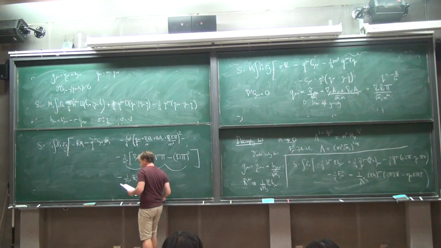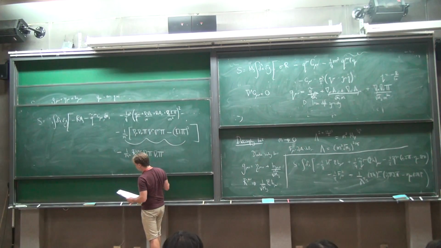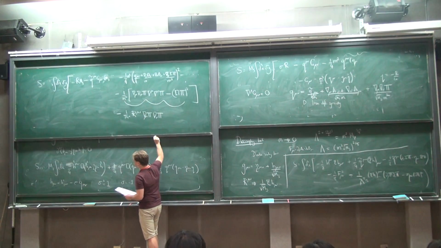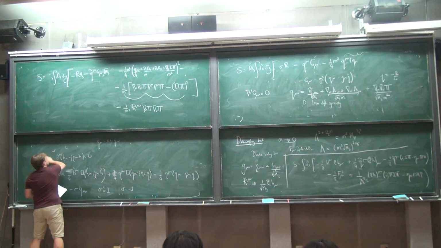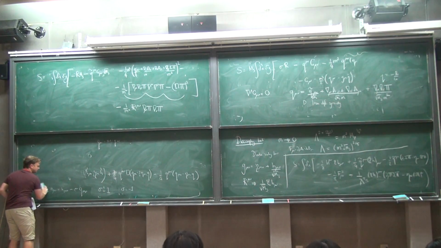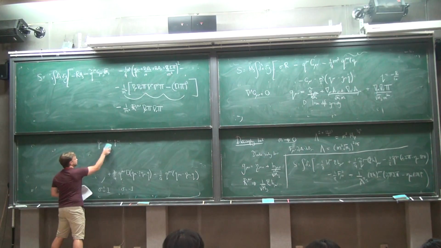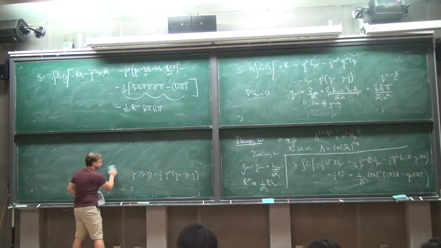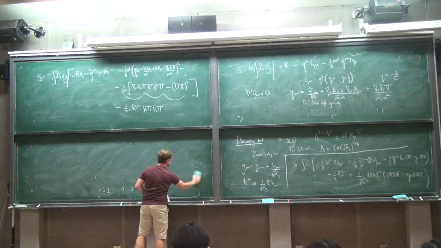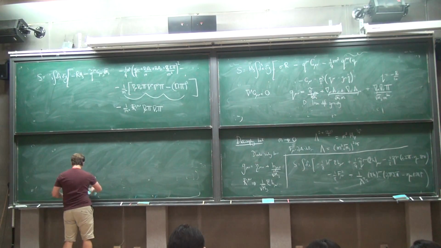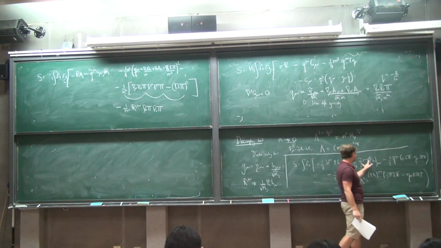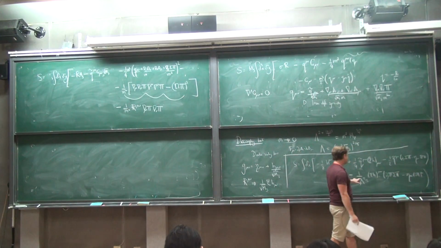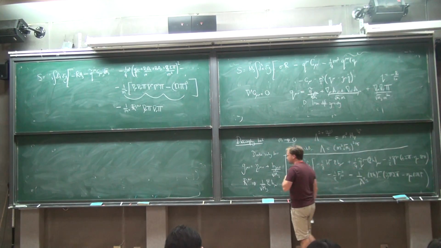And that's still somewhat ugly because we have kinetic mixings and it's still not in its most transparent form. But what we do is we diagonalize the mixing terms. So the mixing terms are, this is a mixing between Q and H, Q and pi. So we want to get rid of those mixings.